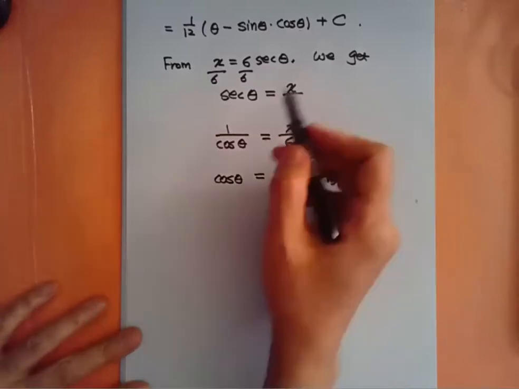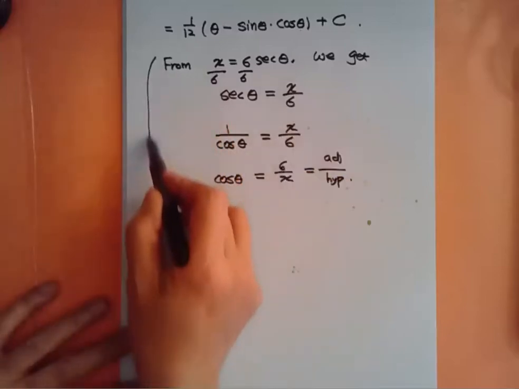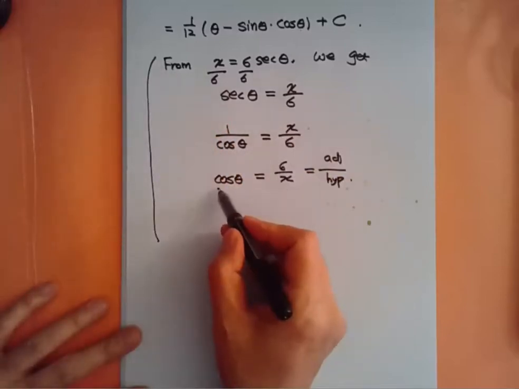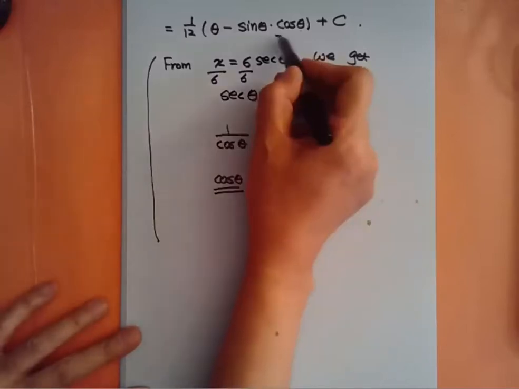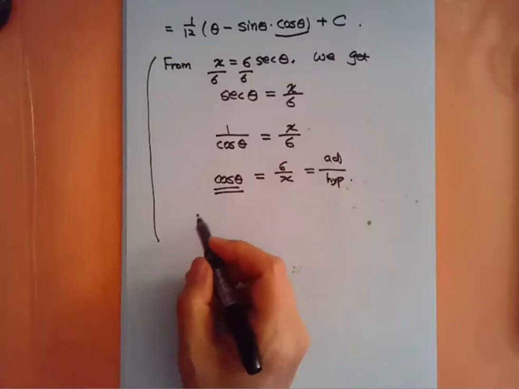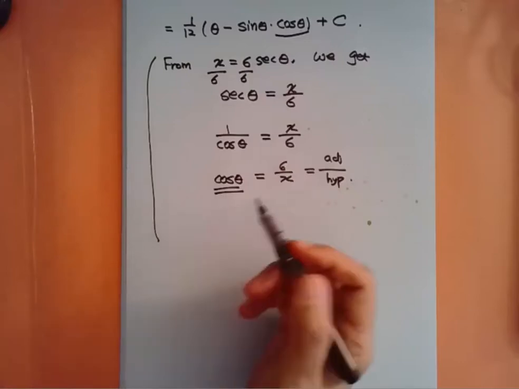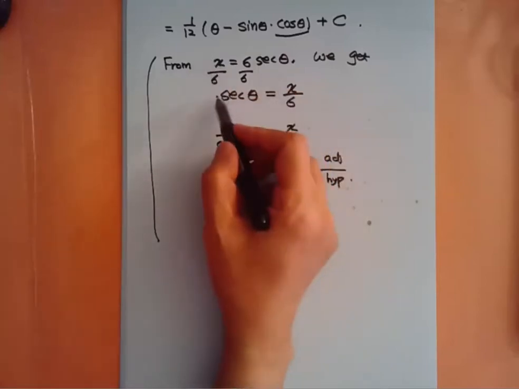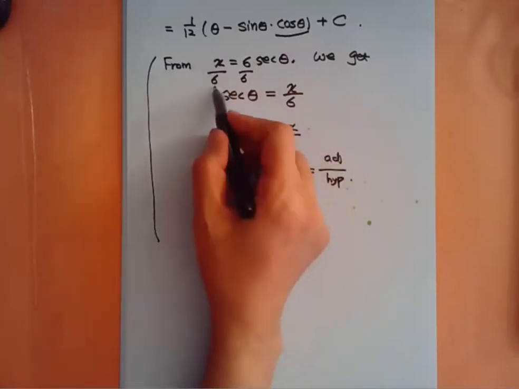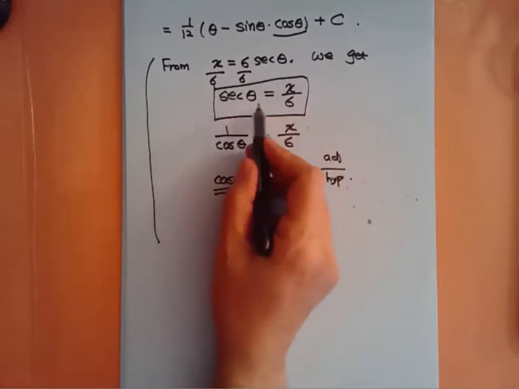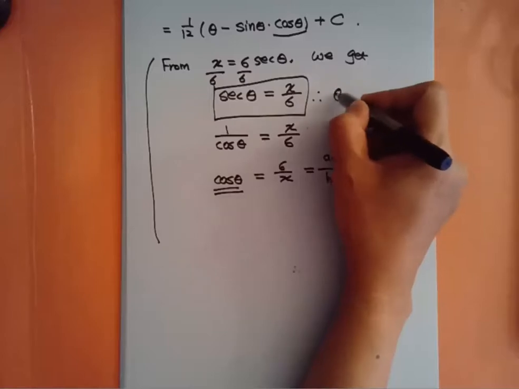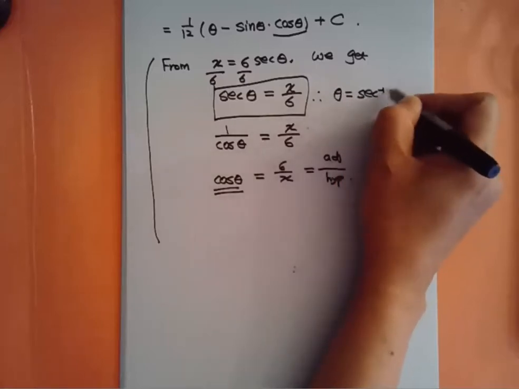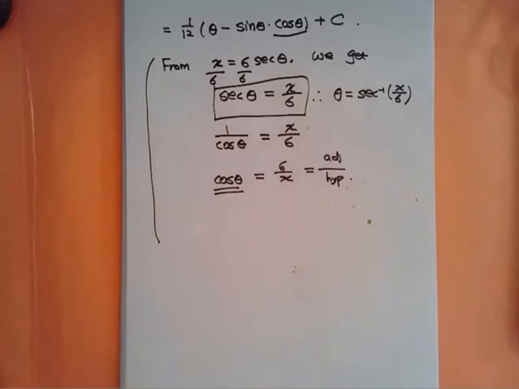So by going through this, what you realize is cosine of theta is 6/x. So this can be converted, and also we can write secant of theta is x/6. So theta equals secant inverse of x/6, right?